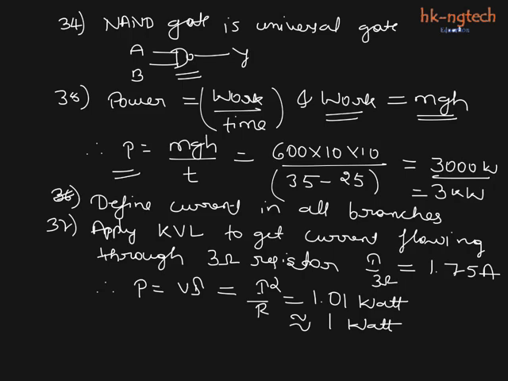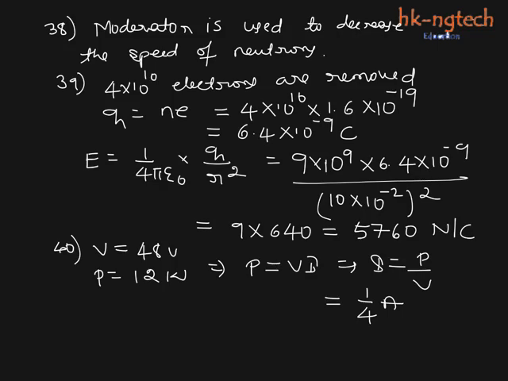Once you apply Kirchhoff's voltage law, you will definitely get the value of current I flowing through the 3 ohm resistor, that is 1.75 ampere. After that we have the formula P is equal to VI. Replacing V by I into R, we will get I square R. That will give you the value of 1.01 watt, nearly equal to 1 watt as the answer.